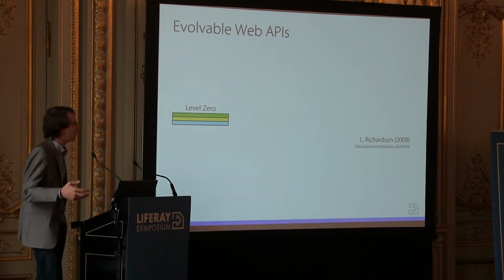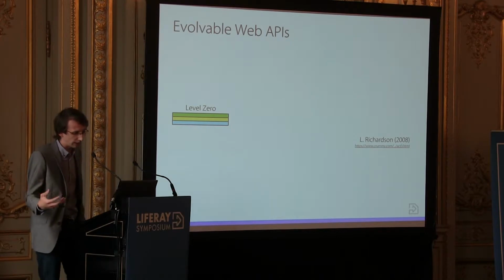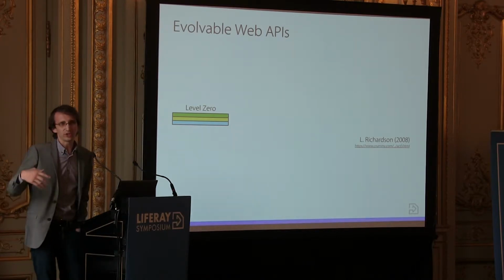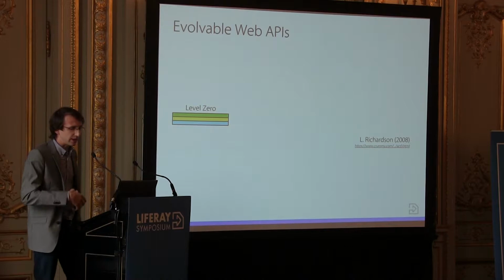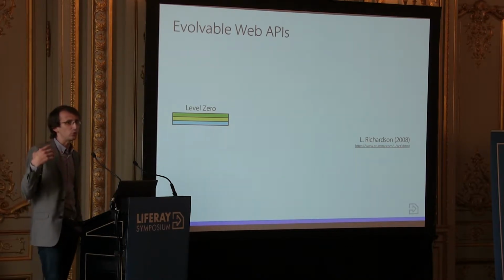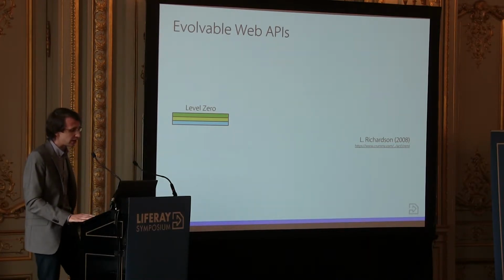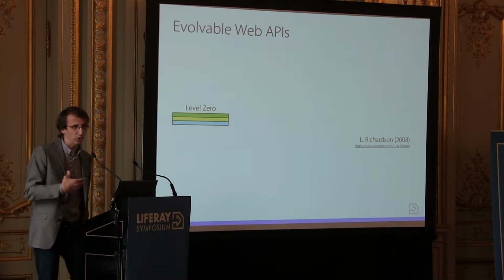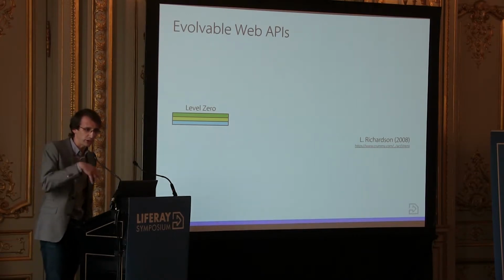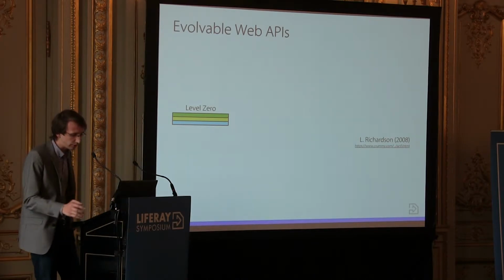For level 0, we're talking about protocols that use HTTP just as a tunnel. They don't use any HTTP-specific functionality. They don't use verbs like put, patch, delete. And they usually only come with a single URL to address their endpoints. SOAP is one of these protocols.